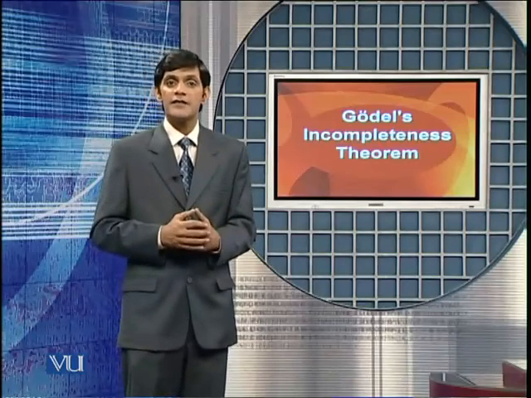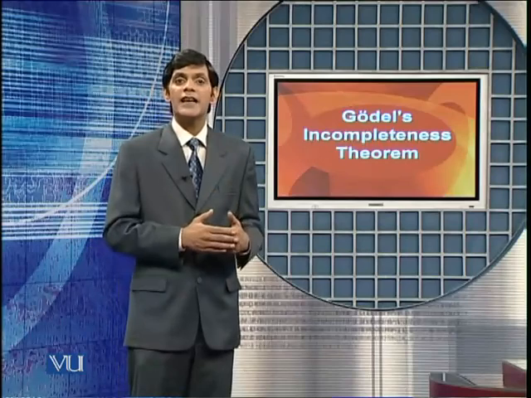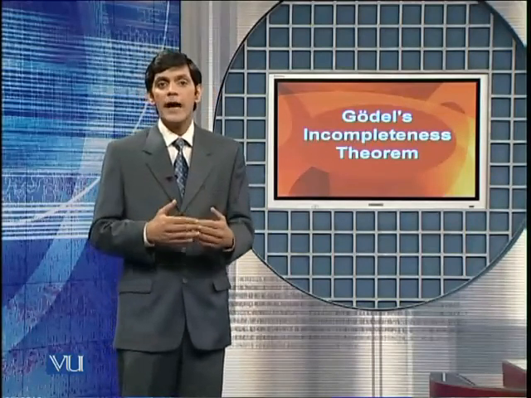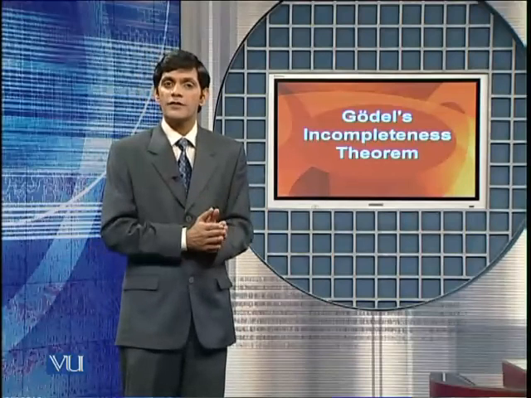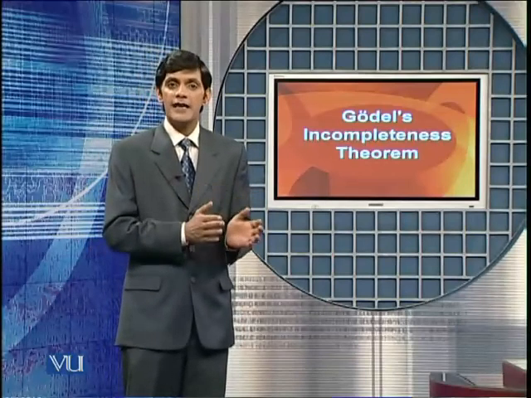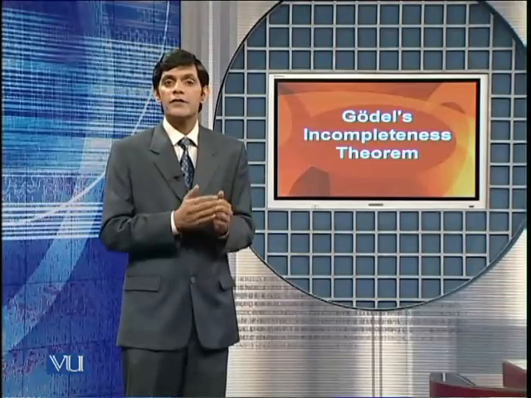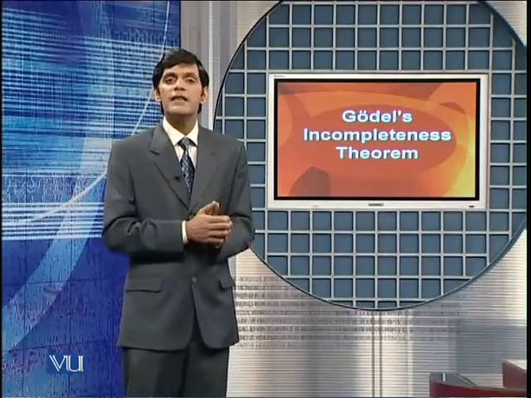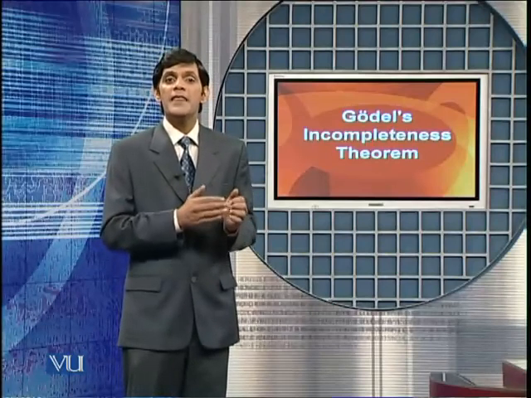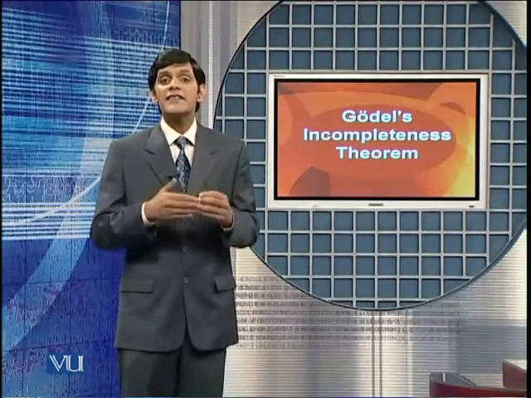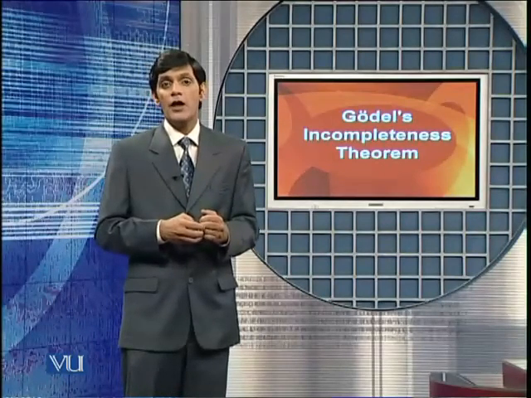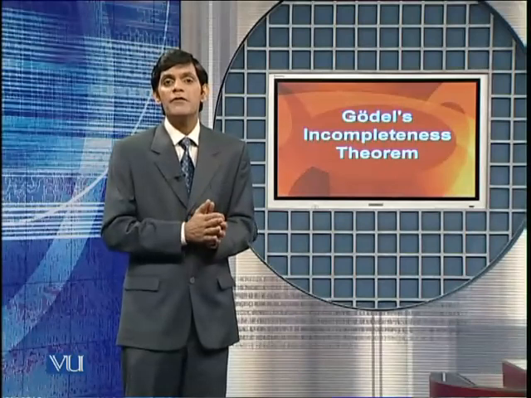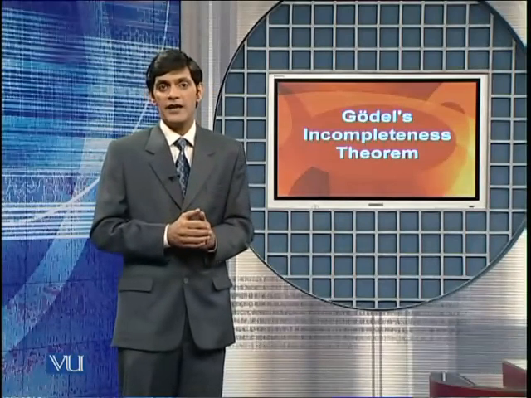Well, since this is a statement, this statement can either be true or false. Let's see what happens if this statement is false. Psi says that s does not accept 0. So, if this statement is false, then s accepts 0. However, s will only accept 0 if it finds a proof of psi.